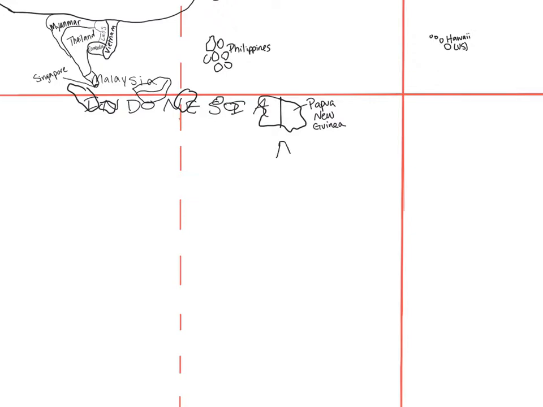It kind of has a little point there and comes up and back around, slightly across and over, and then it's kind of round like that. Close enough. It has a little island there. This is Australia.